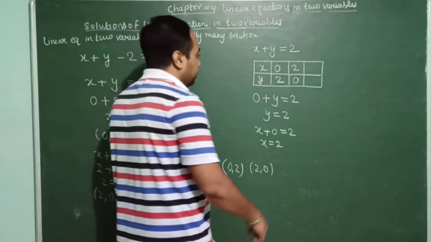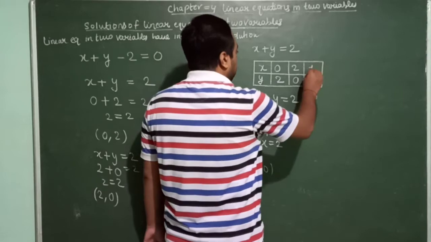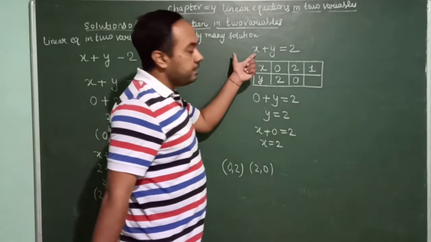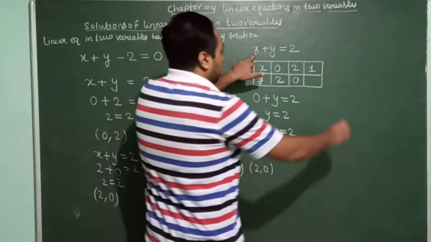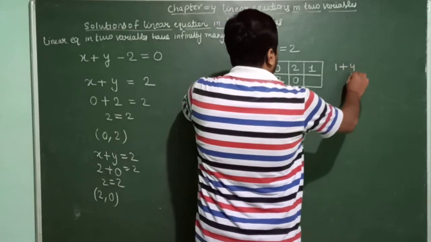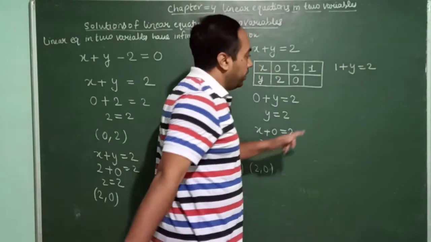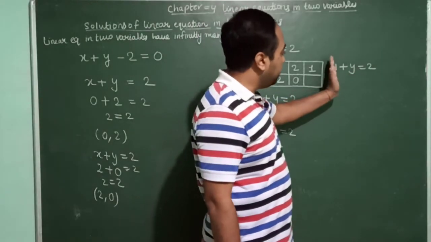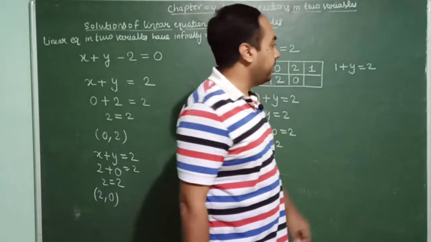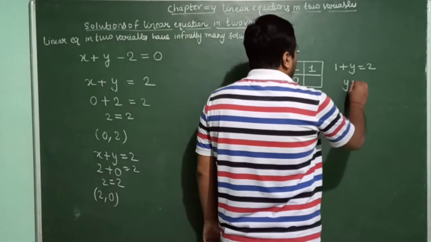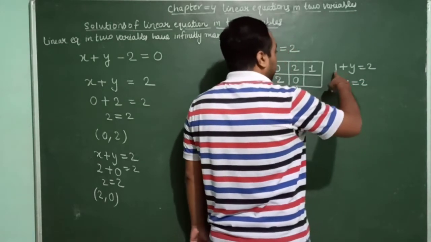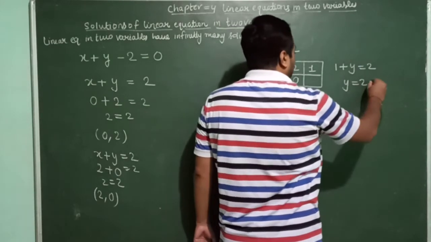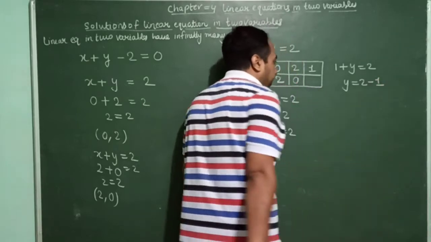Okay, now next time I am replacing x by 1. Suppose I am replacing x by 1 over here. तो देखो 1 plus y equal to 2, now we are going to calculate the value of y. And for that this 1 will be shifted towards the right hand side. So over here this 1 is positive, and over that side this will become negative.